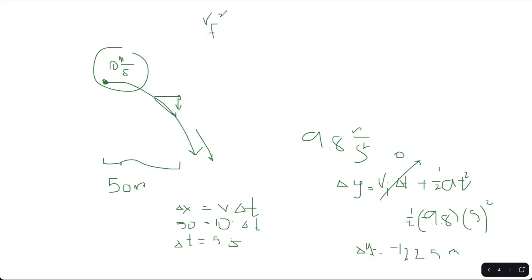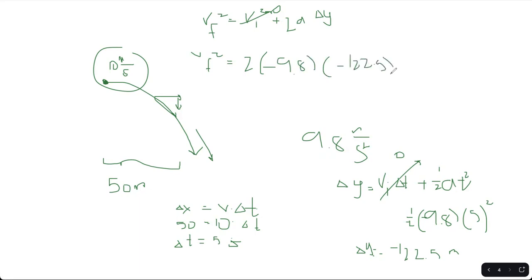V final squared is equal to V initial squared plus 2a times delta y in this case, since we're talking about vertical. We have final velocity squared is going to be equal to initial velocity was 0, we can take that out. It's just going to be 2 times negative 9.8 times delta y, which was negative 122.5.